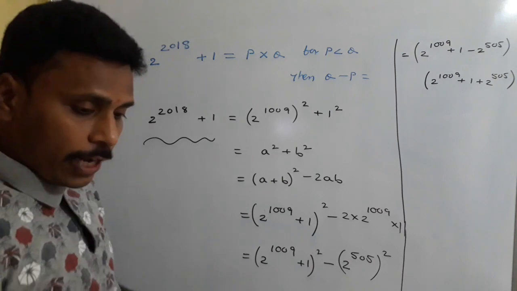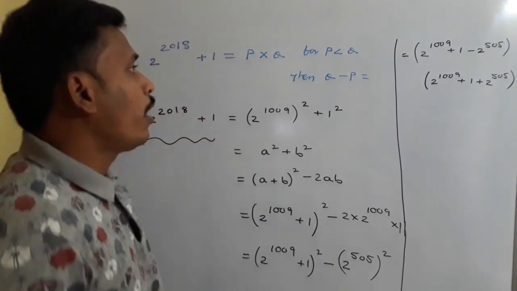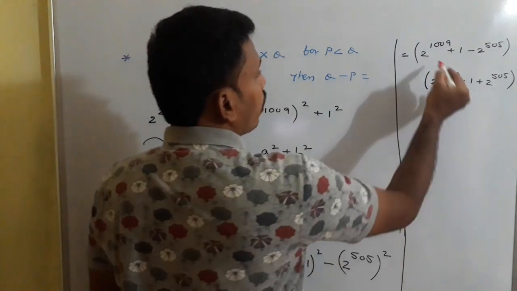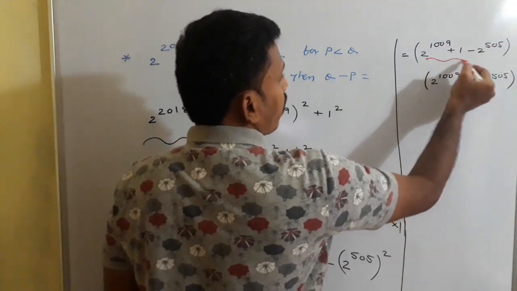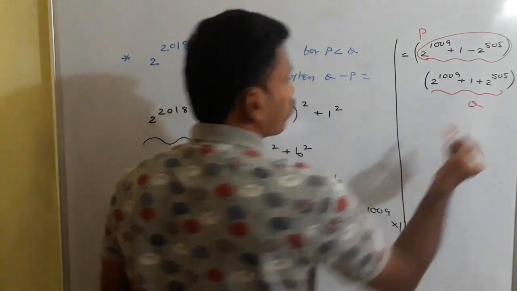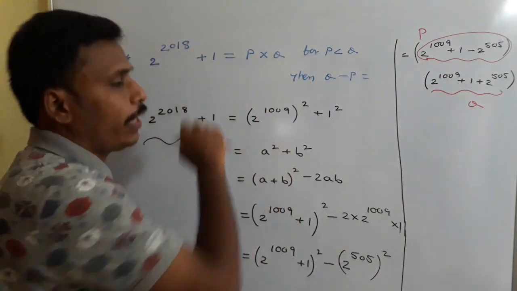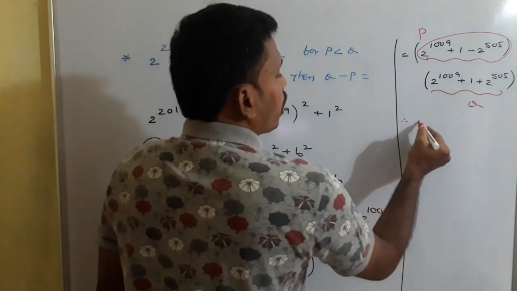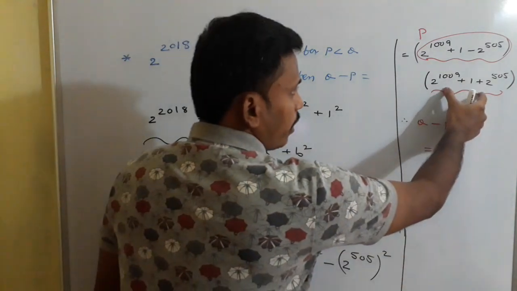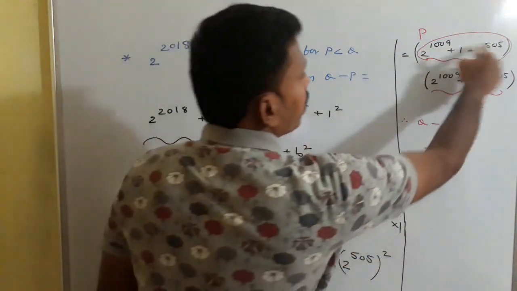And we need to identify p and q. P is the smaller factor and q is the larger factor. In these two numbers, the one with minus 2 power 505 represents the smaller quantity. So this is p and this is q, and p into q is the given number. Therefore, our target is to find q minus p, right? So this number minus this number.